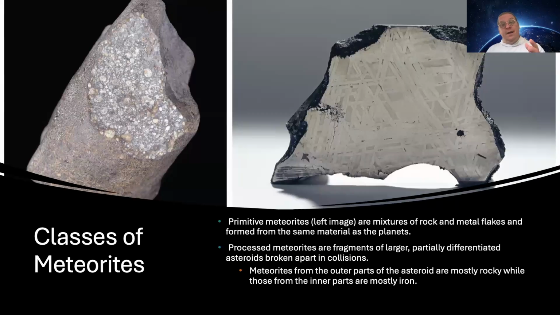Now, irons. How do you tell whether a chunk of iron is from the Earth or from outer space? The way to do that is to polish it. Basically, you cut it in half, presumably using a laser or diamond cutter, and polish the side. If it's from the Earth, it's just going to be a shiny piece of iron. If it is from outer space, however, it's going to have this pattern, which I can never remember.